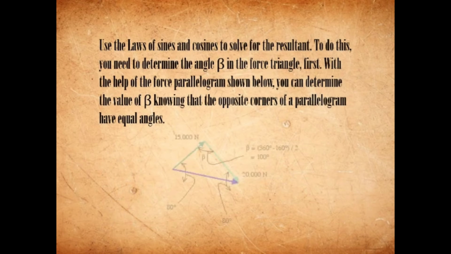Next, we have to use the laws of sines and cosines to solve for the resultant. To do this, you need to determine the angle beta in the force triangle first. With the help of the force parallelogram shown below, you can determine the value of beta, knowing that the opposite corners of a parallelogram have equal angles.